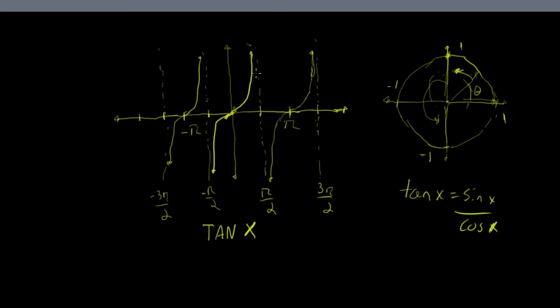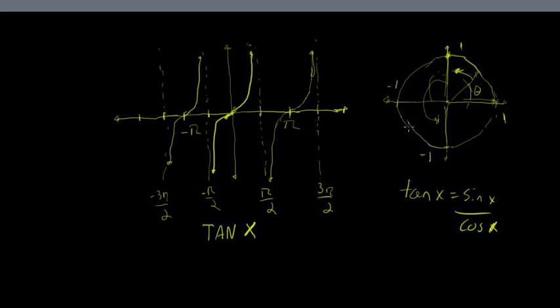And really, it boils down to the relative sizes of sine of x and cosine of x. When tangent is a really big positive number, what that means is sine of x is going to be very close to 1 and positive, and cosine of x is going to be very close to 0 and positive.